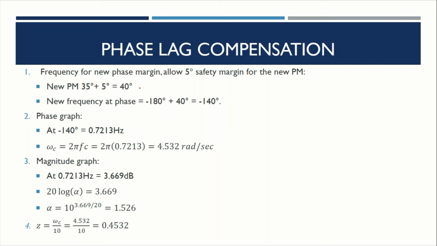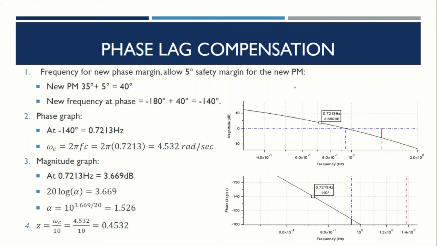Once you get 40, you add it to negative 180, which gives the new phase. Then, back to the graph, you go to the phase graph, find negative 140 degrees, and you can get the value of the frequency. Then you have to find the gain crossover frequency using this formula.